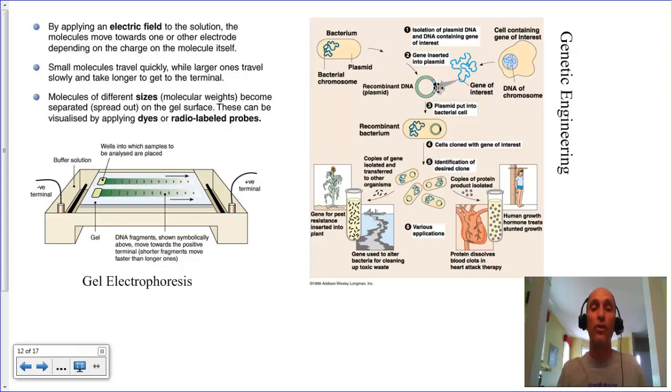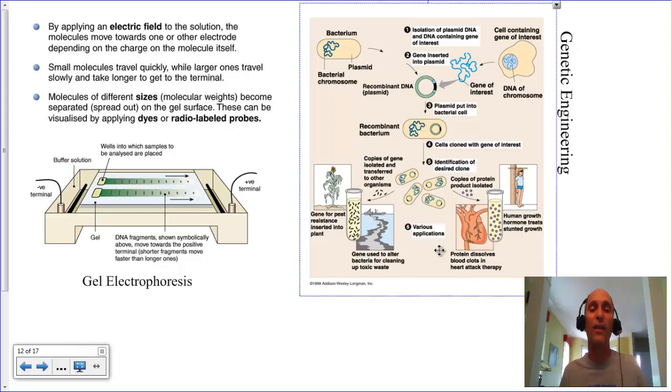Next thing we know, the gene of interest from the eukaryote is in the bacteria. And then the bacteria take that up, we grow the bacteria, we give them a great place to live, great temperature, plenty of food, and in return, they start making proteins for us.